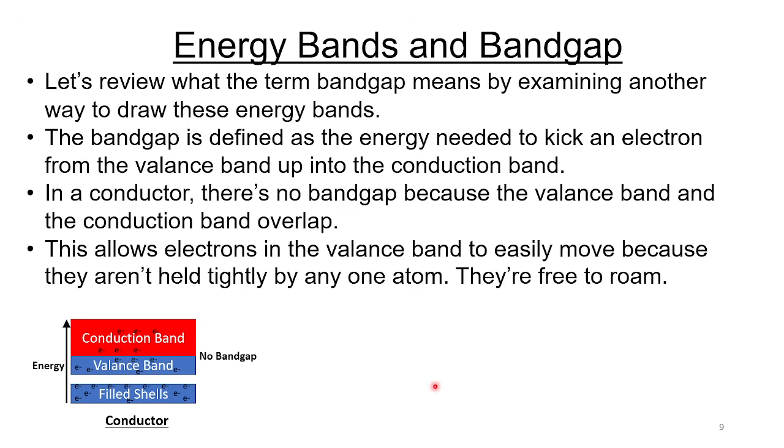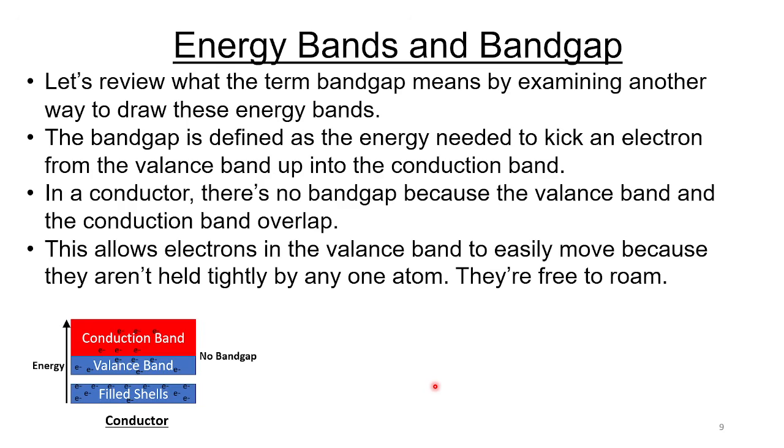So let's review what the term bandgap means by examining another way to draw these energy bands. The bandgap is defined as the energy needed to kick an electron from the valence band up into the conduction band. In a conductor, there's no bandgap because the valence band and the conduction band overlap. This allows electrons in the valence band to easily move because they aren't held tightly by any one atom.